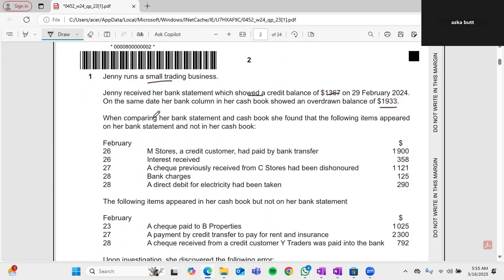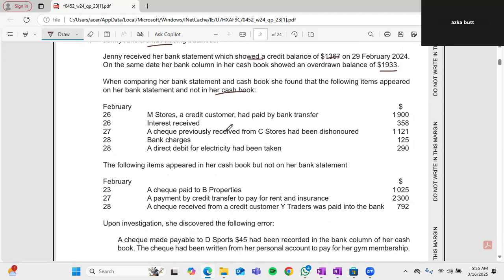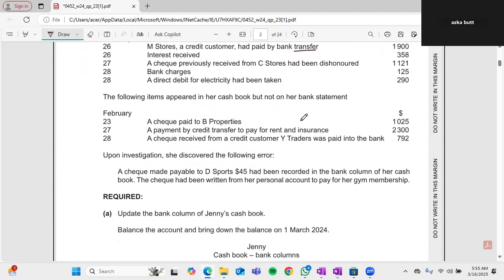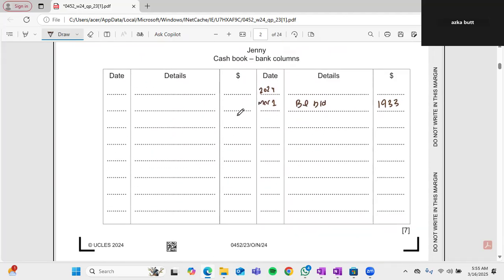Okay. So when comparing her bank statement and cash book, she found that the following items appeared on her bank statement and not in the cash book. First thing, February 26, M stores, a credit customer, had paid by bank transfer, which is 1900. So we have to record this on the debit side, because this is a cash inflow.